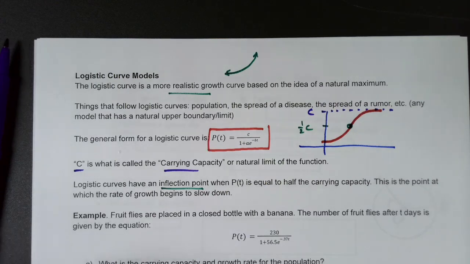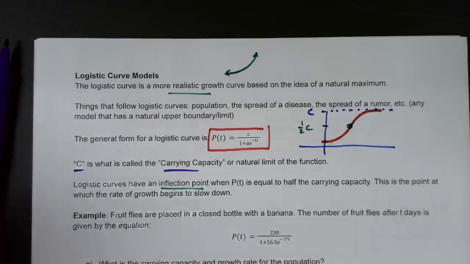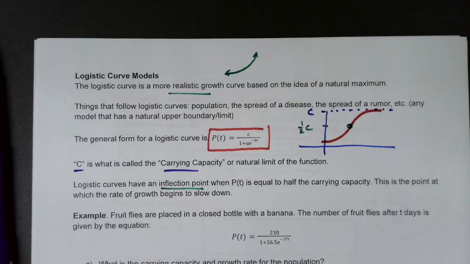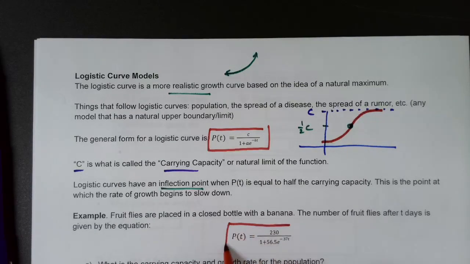So, let's take a look at an example here. And in this example, it says that we've got a bunch of fruit flies in a closed bottle with bananas. Okay? Now we know, of course, that those fruit flies are going to do what fruit flies do, and they're going to multiply, right? Okay? So this equation will be a logistic equation.